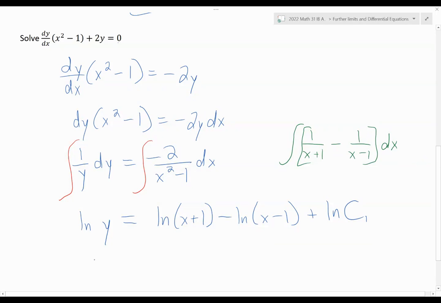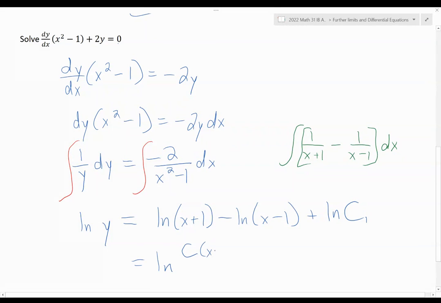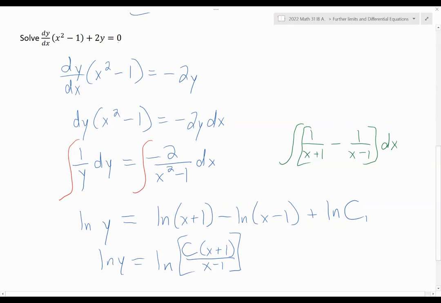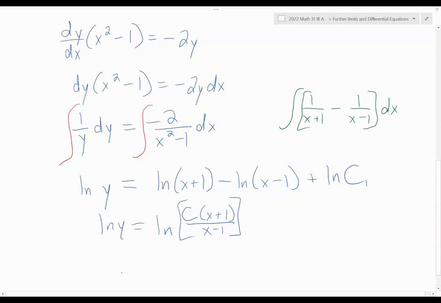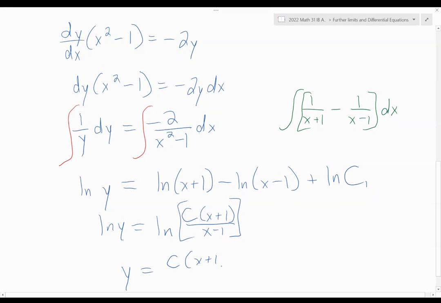This gives me the natural log of essentially c times x plus 1 divided by x minus 1 as my argument, because then I can more easily simplify and turn this just into y equals c times x plus 1 over x minus 1.